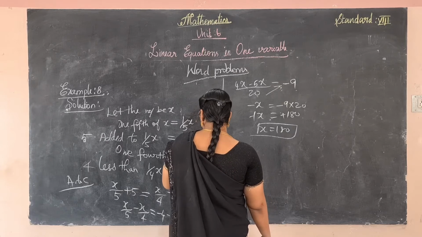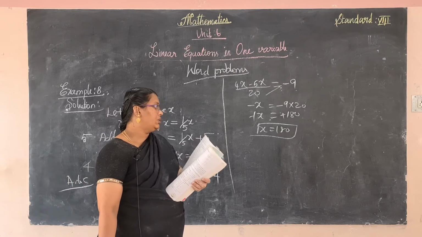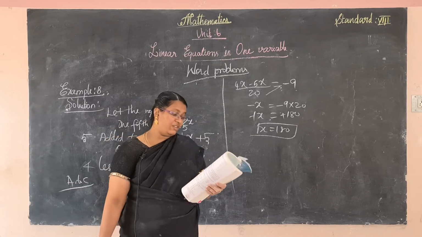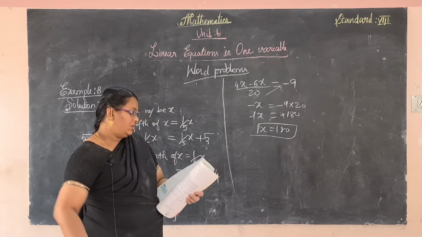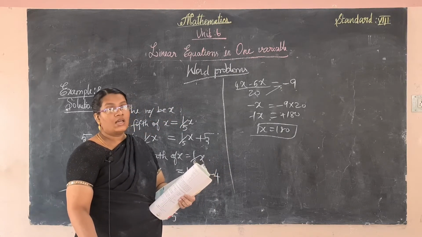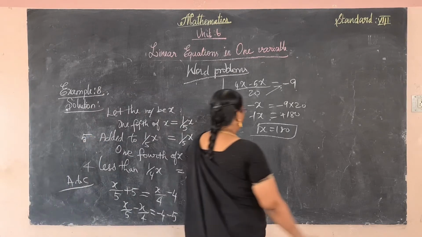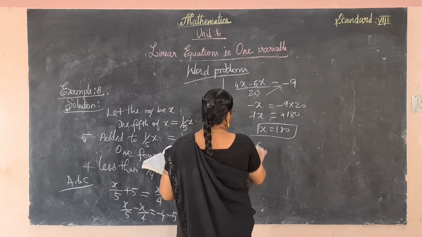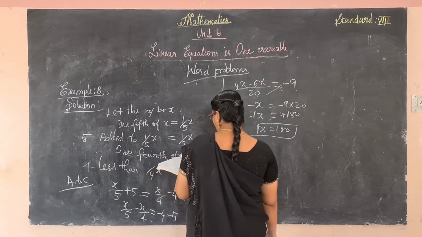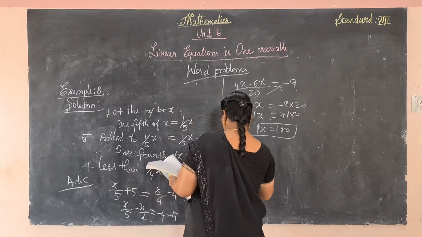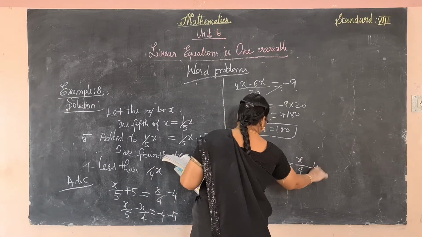Finally, if you want to check your answer, you can do the verification. You need not check it every time, but if you want to know whether your answer is correct or not, you will check the answer. How can you verify? For this problem only I will do. Verify. X value was 180. What is the statement? x by 5 plus 5 is equal to x by 4 minus 4.